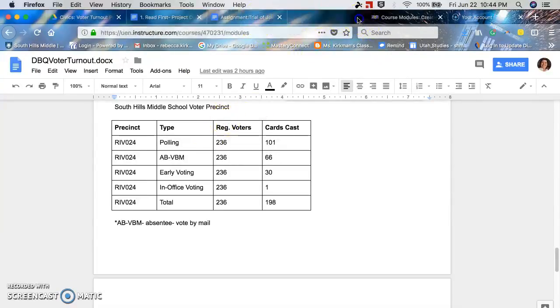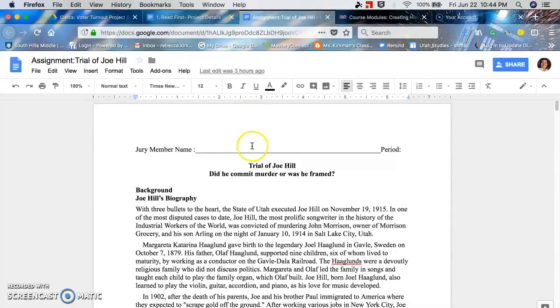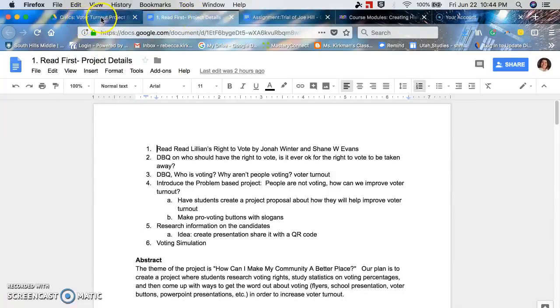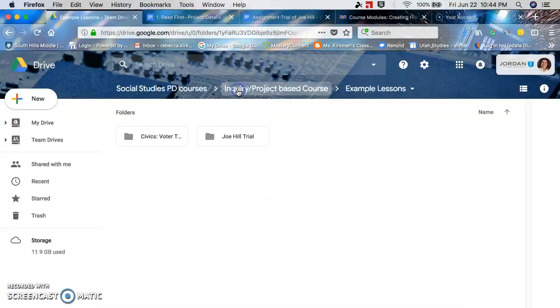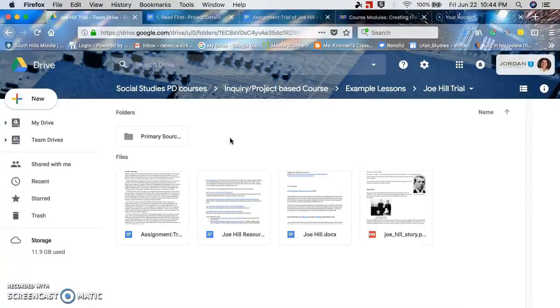Now, with the Trial of Joe Hill, what we did there is we had introductory lessons on labor unions and on the progressive era movement in Utah.